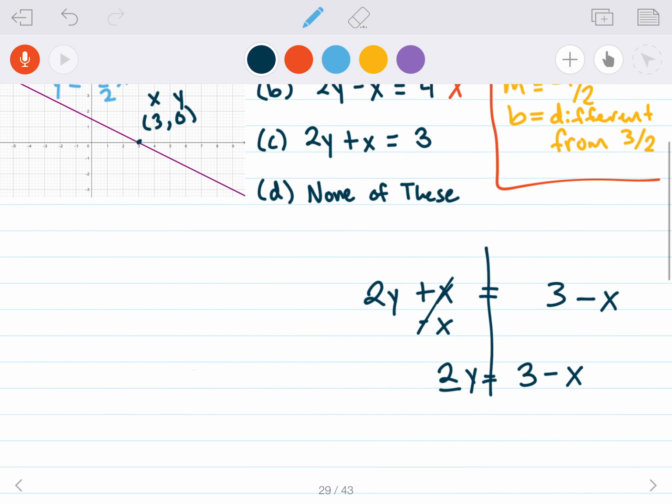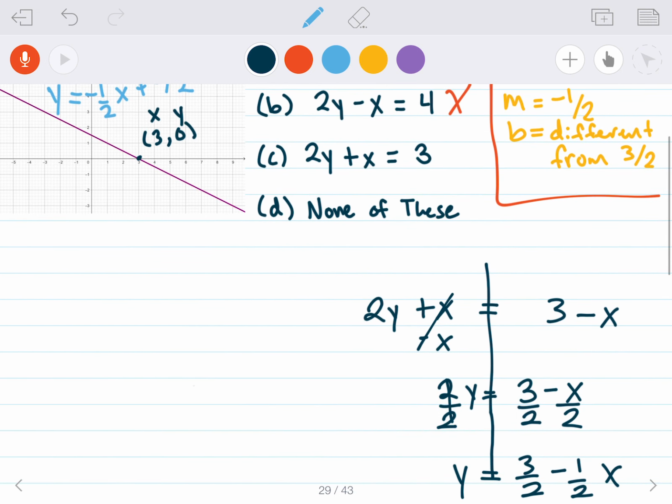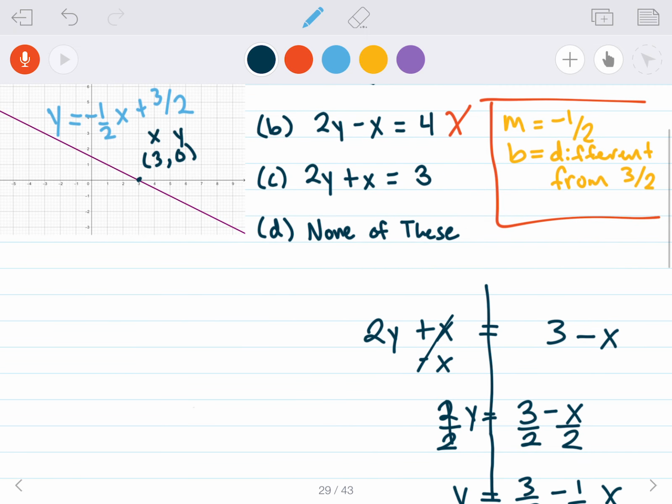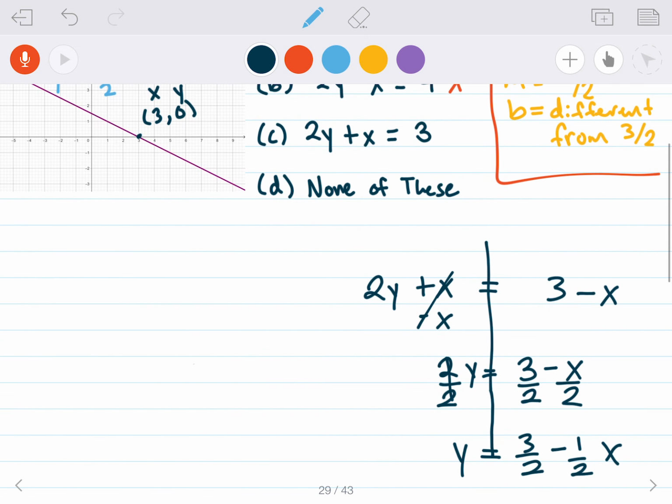And now I'll divide both sides by 2. Okay, so we end up getting y equals 3/2 minus 1/2 x. Now, check it out. The slope criteria is met. However, the second condition is not met. Our y-intercept is the same as 3/2. We want it to be different.